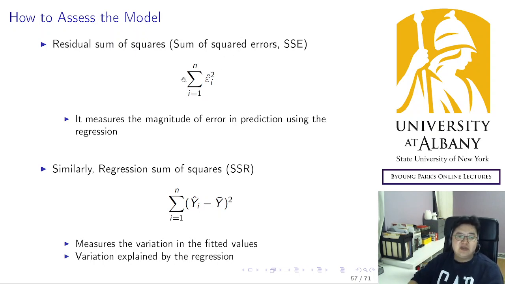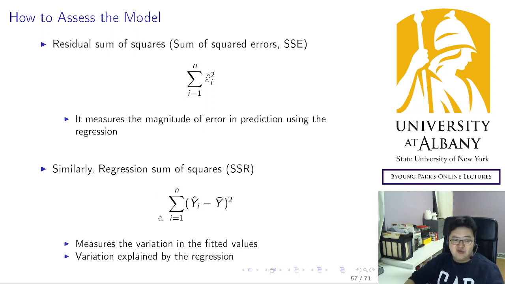And using a similar idea, you may calculate the regression sum of squares. This is comparing the predicted value, the fitted value, and just the average, right? So given the average, how much the fitted value varies. It's like the variation in the fitted value.